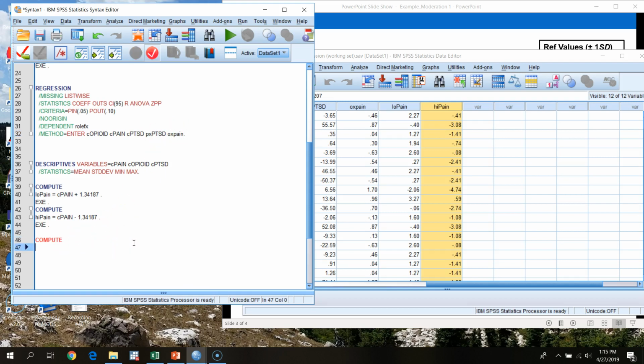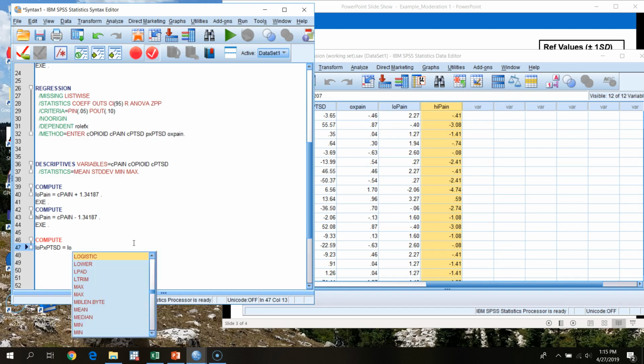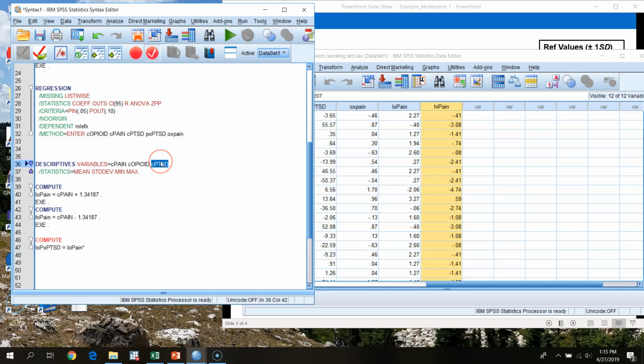So I'm going to create a new interaction term. I'm going to call it low pain times PTSD, equal to my low pain variable times my centered PTSD.